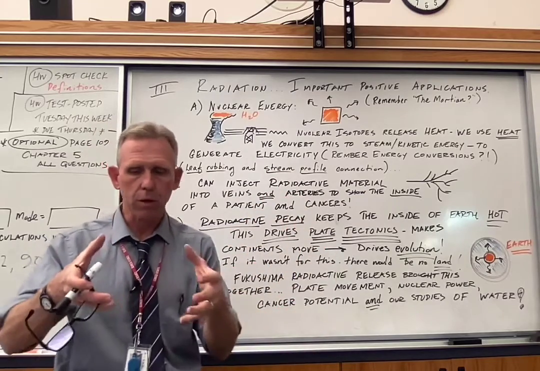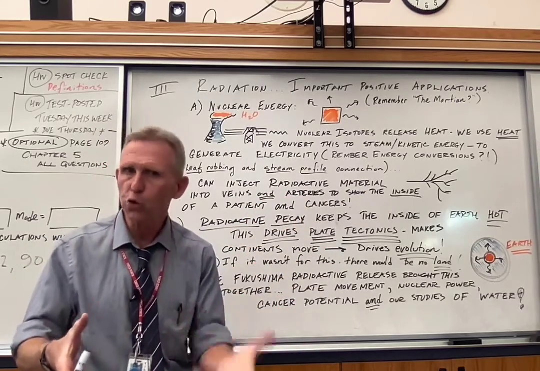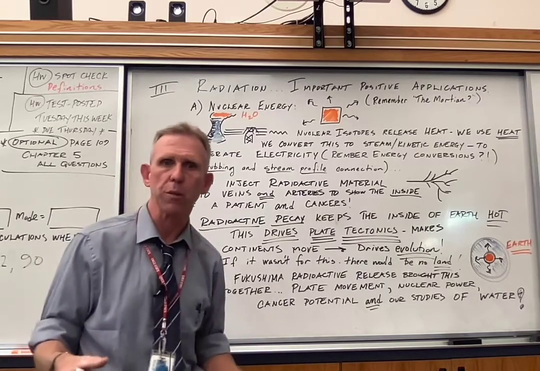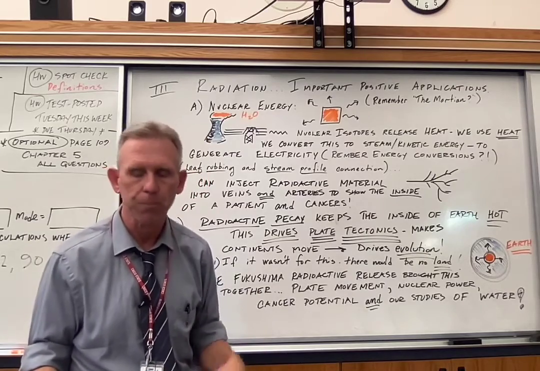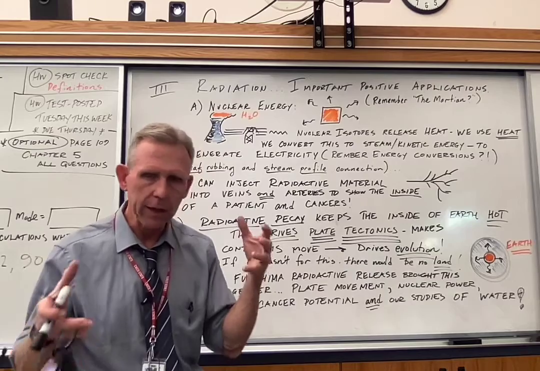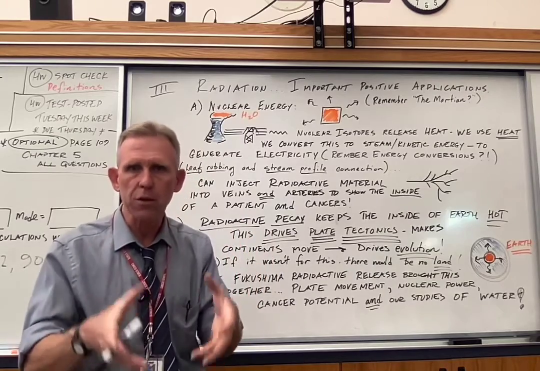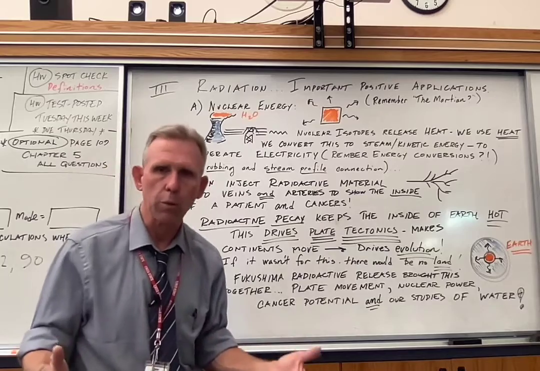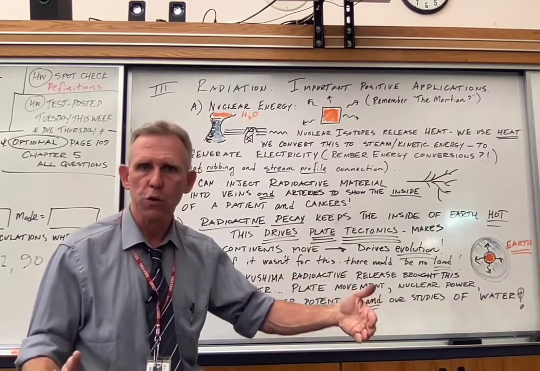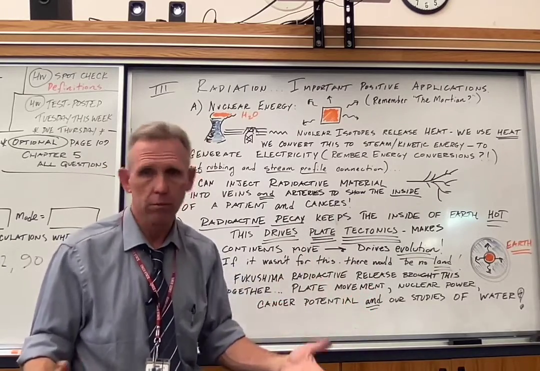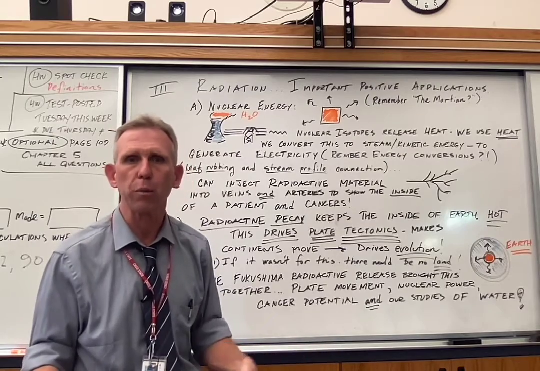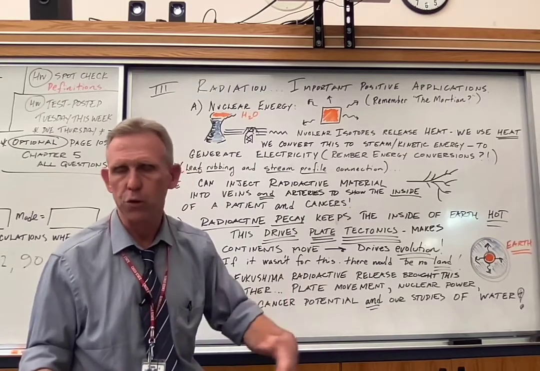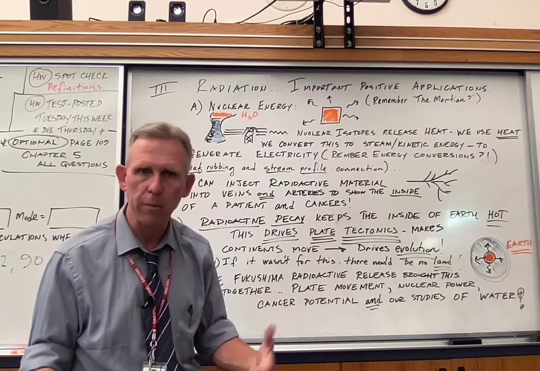You're taking a lot of nuclear material, usually uranium at this point, although there are some coming online that do not use uranium, and you get all this nuclear material in the same place at the same time, and it produces heat. What do we do with that heat? Well, remember our power conversions from earlier in the year? We take that heat, basically just boil water with it. And when we boil water, we get steam. Steam can turn a turbine. A turning turbine can make electricity.